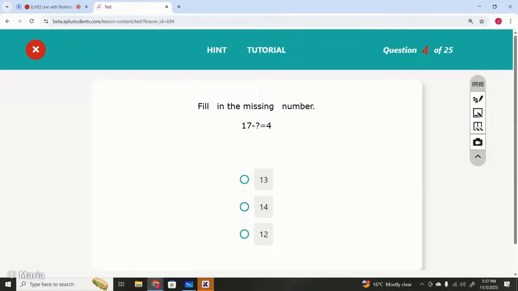Fill in the missing number. 17 minus what number equals 4? 17 minus 13 is 4. Option number 1 is the correct option.